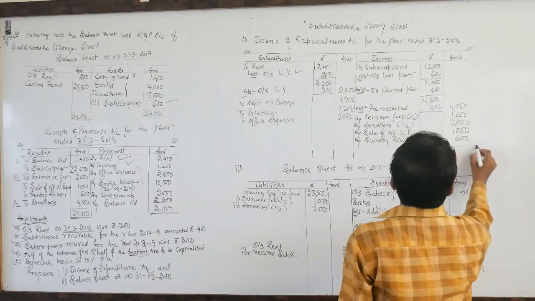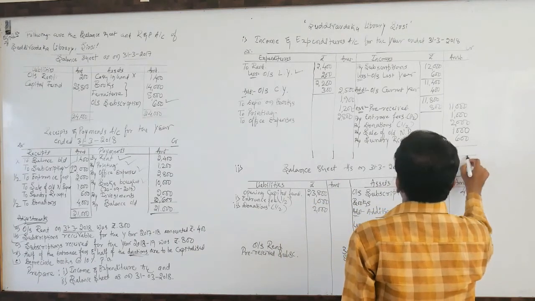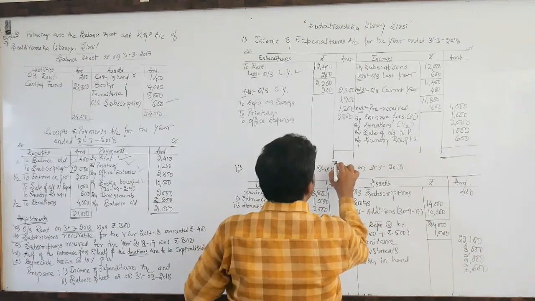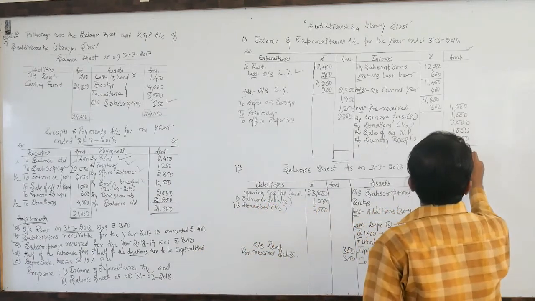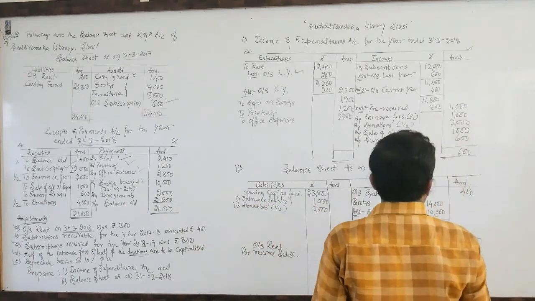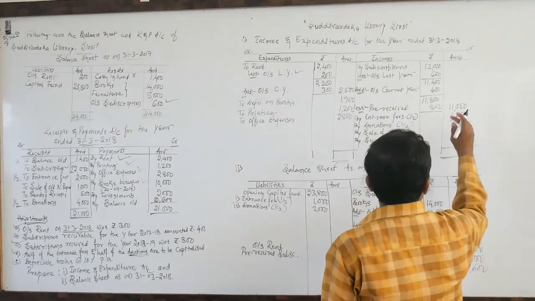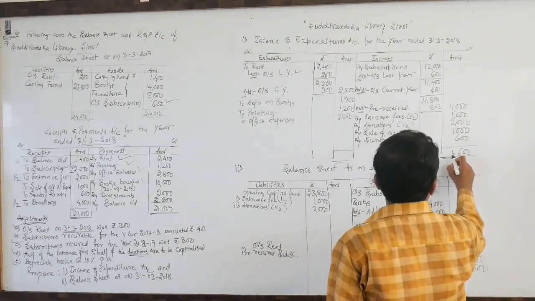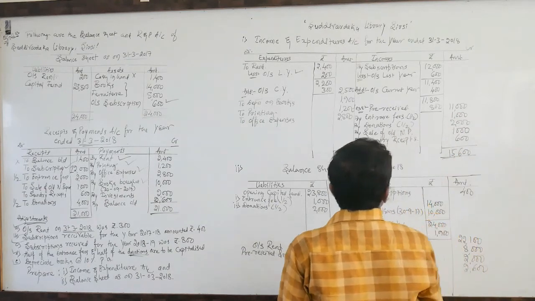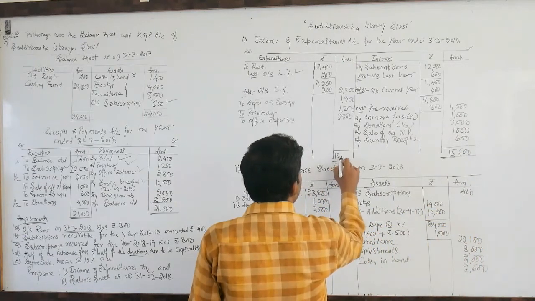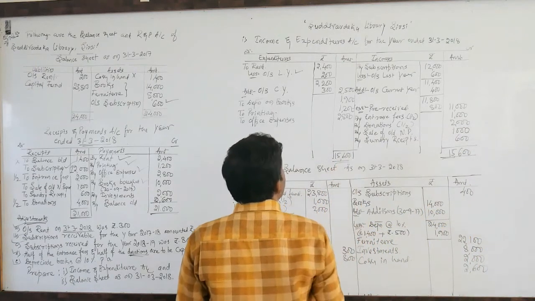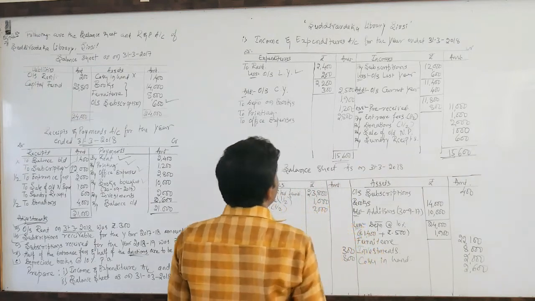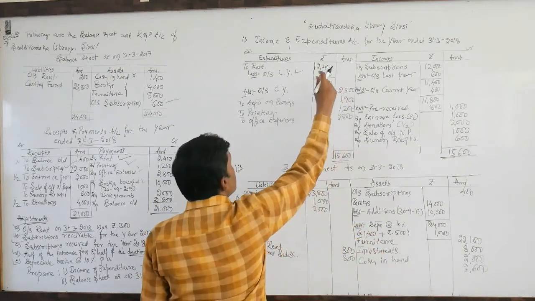Am I right? What is the total? 15,600. Out of this 15,600 we need to deduct all these expenditures.